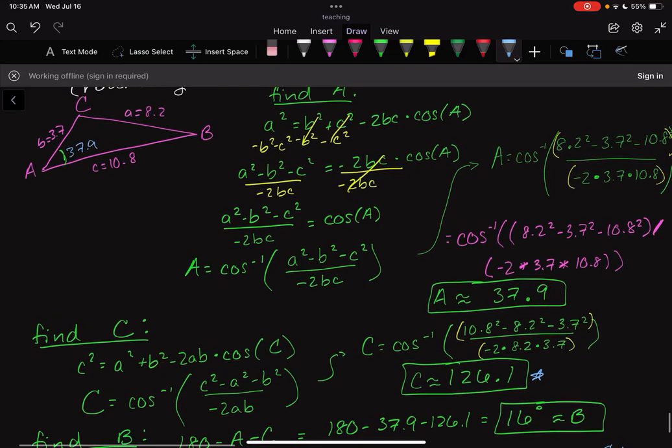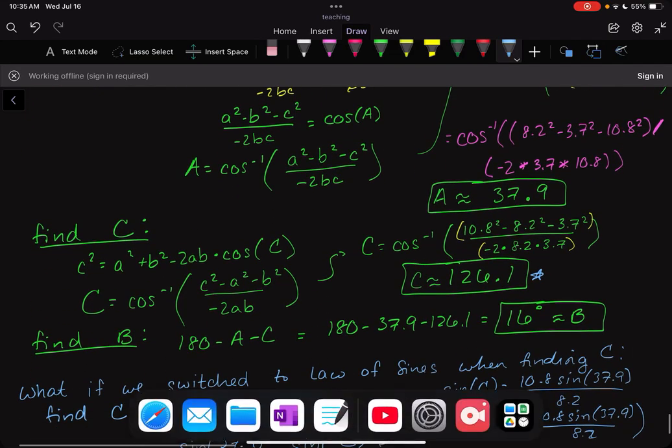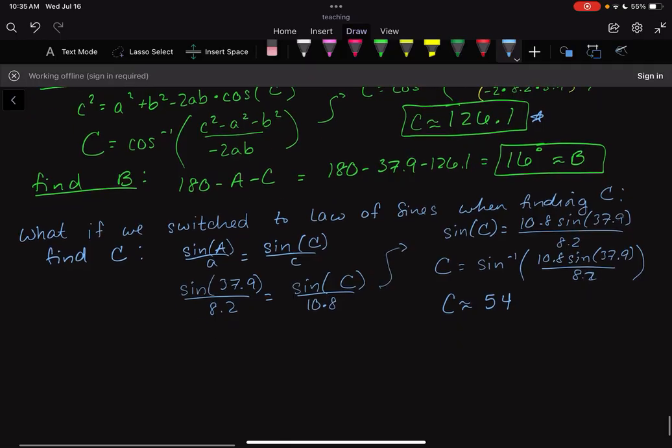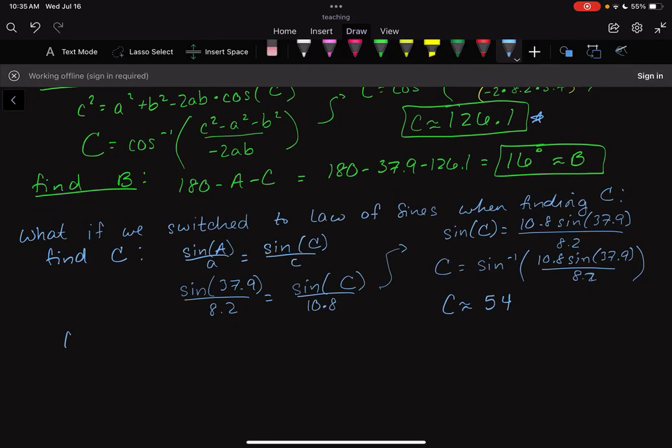Now I'll tell you how you can check yourself. If we had then found B, we would have done 180 minus A minus C, just like we did before.